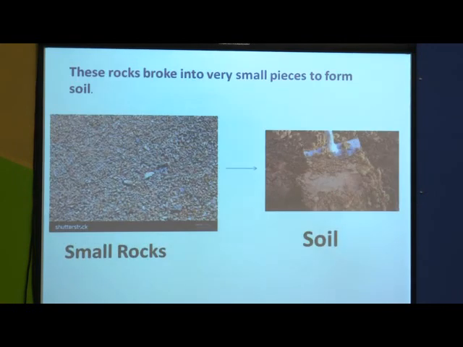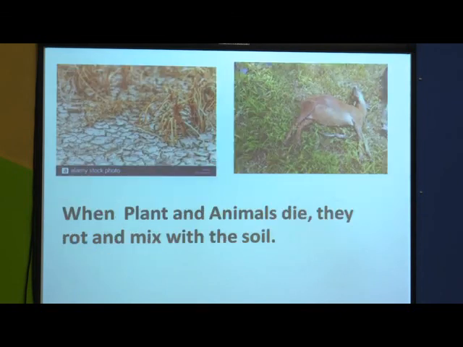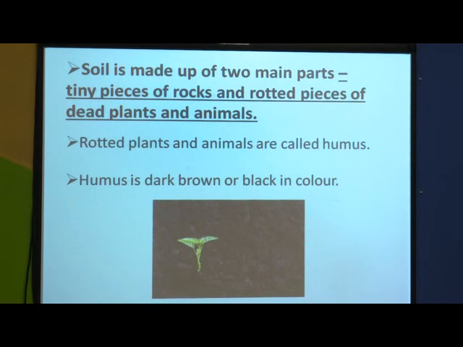Just now I have shown you. The soil is made up of two main parts: first, tiny pieces of rocks, and second, rotted pieces of dead animals and plants. Okay.